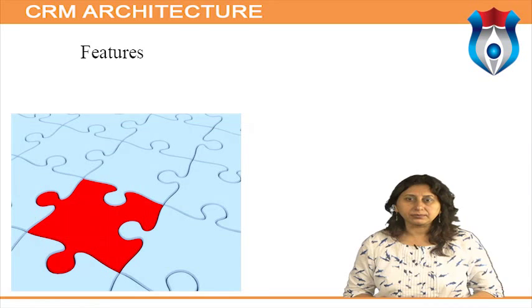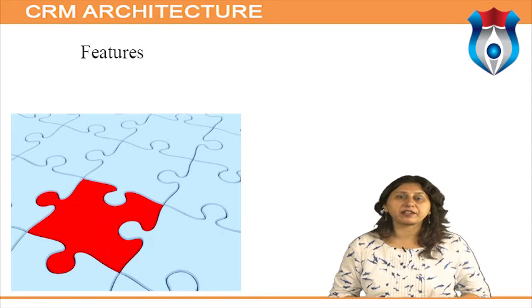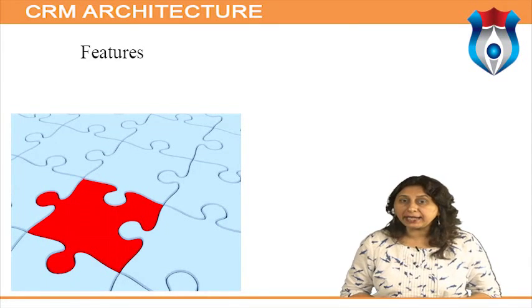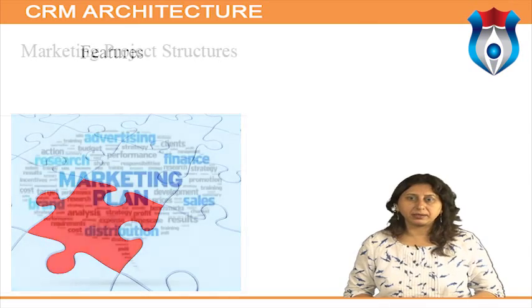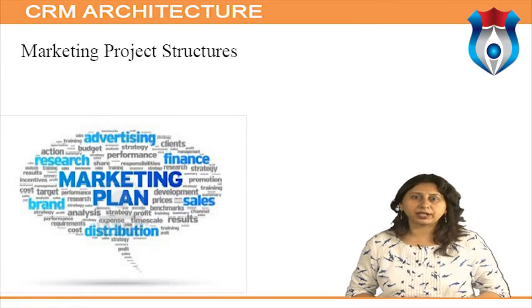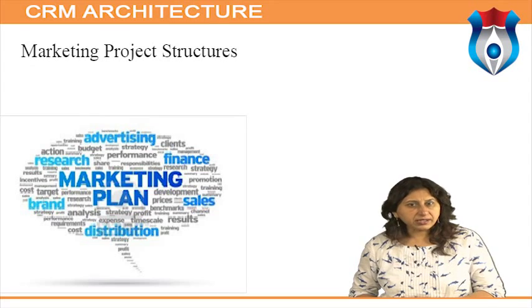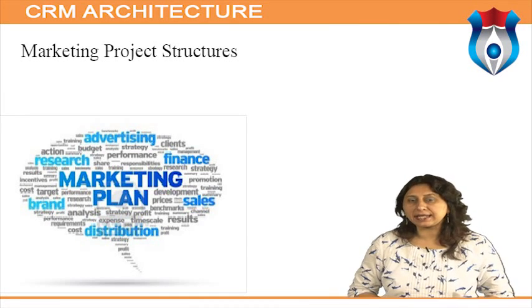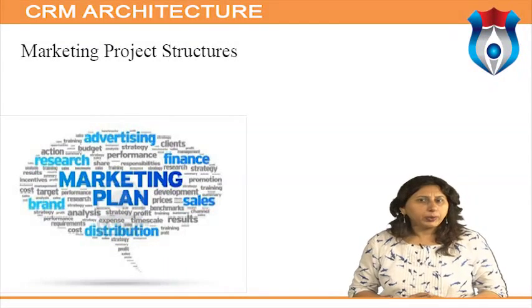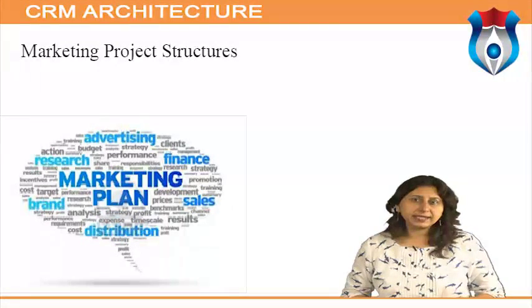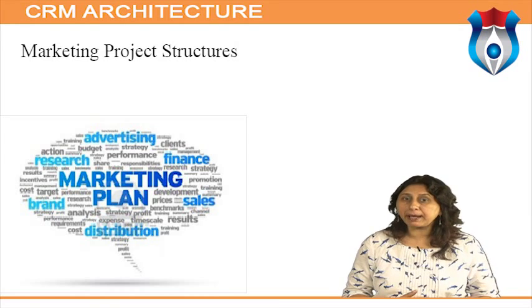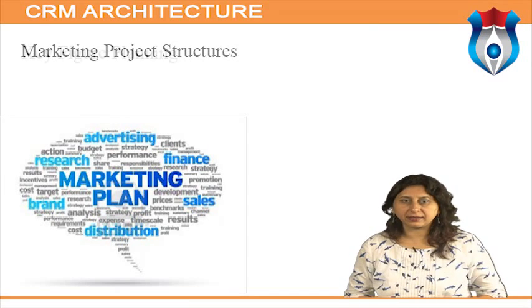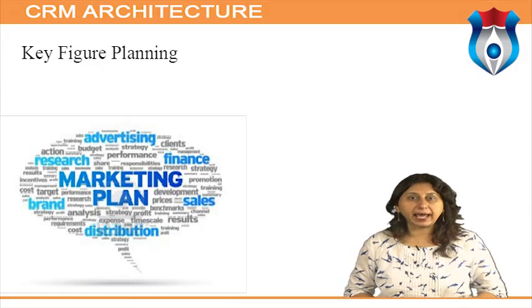Features. The following functions are available in marketing planning and campaign management. Marketing project structures. We can create and edit hierarchical structures for marketing plans and campaigns. We can assign new marketing plans and campaigns to marketing plans that already exist. Key figure planning.